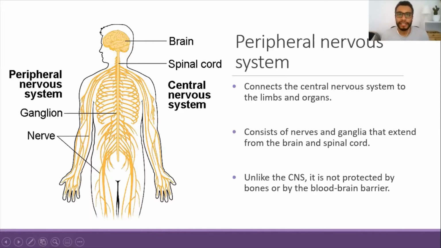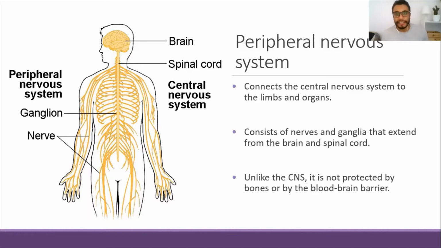And the big difference when comparing the central nervous system and the peripheral nervous system is that in the central nervous system, we have some layers that cover and protect the brain and the spinal cord. So we have the meninges, we have the skull bones, we have the vertebrae. Those structures protect the integrity of the brain and the spinal cord.